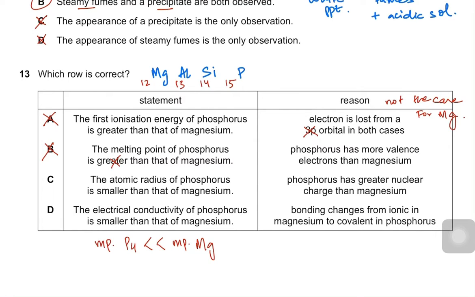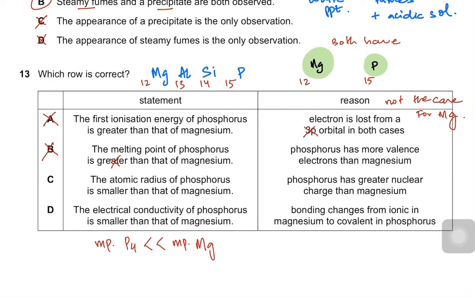Option C. The atomic radius of phosphorus is smaller than that of magnesium. Now that is true. Why? Because magnesium has 12 protons and phosphorus has 15. They both have the same number of shells, so they both have 3 shells each.